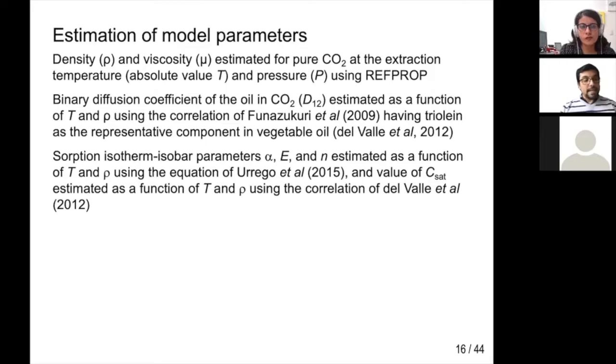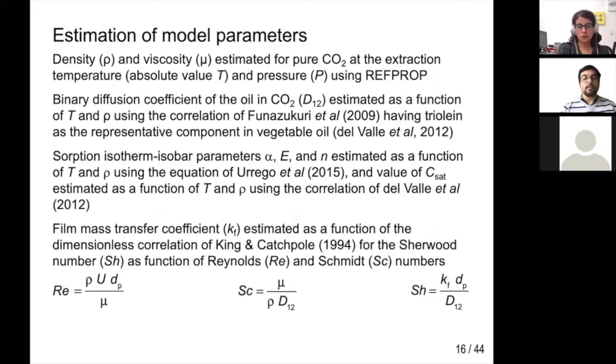Parameters alpha, E, and N from the sorption isotherm isobar model of Urrego and coworkers were estimated as a function of system temperature and CO2 density, and the oil solubility in CO2 was estimated using the correlation of del Valle and coworkers as a function of the same variables.